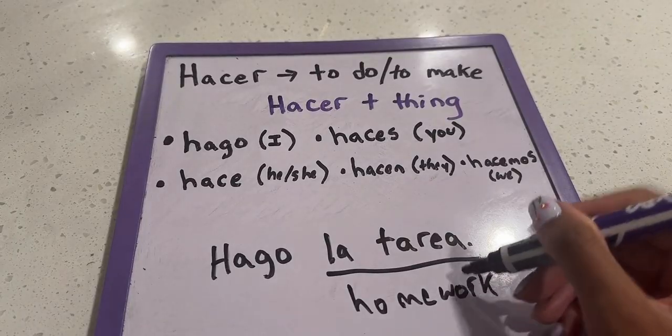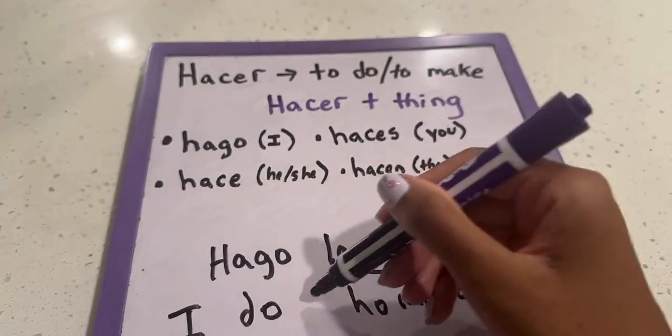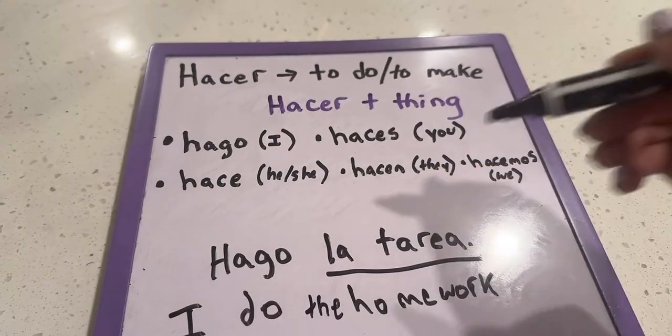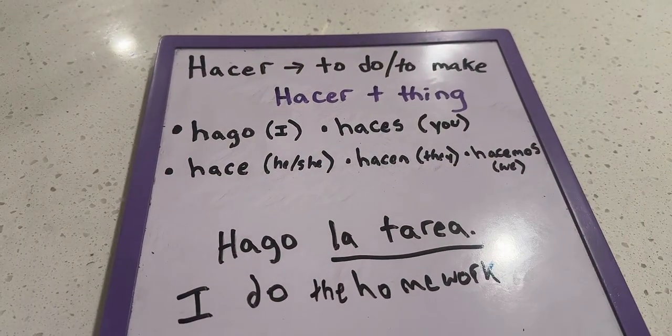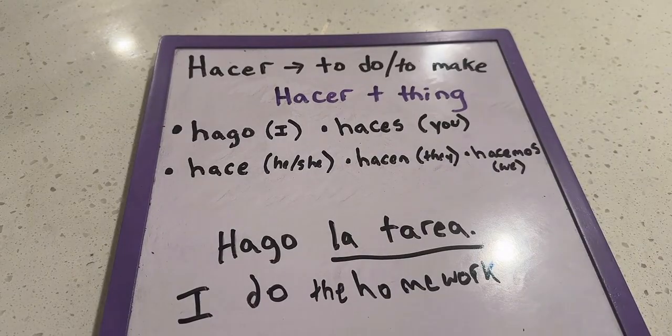The homework, to be specific. So, hago la tarea. I do the homework. So that's another one. And remember, I'm playing around with both to do and to make because they can mean either one depending on the sentence structure. All right. But remember, we don't always translate word for word.